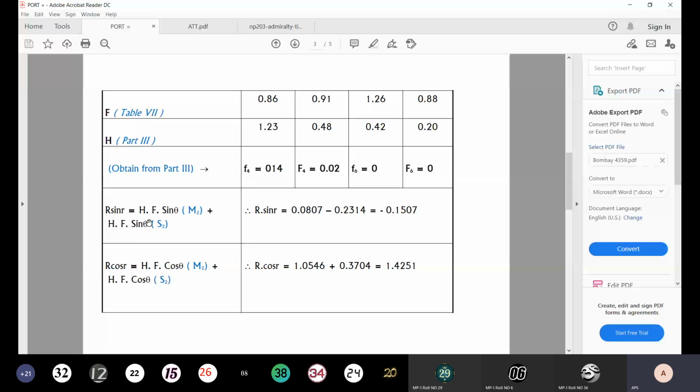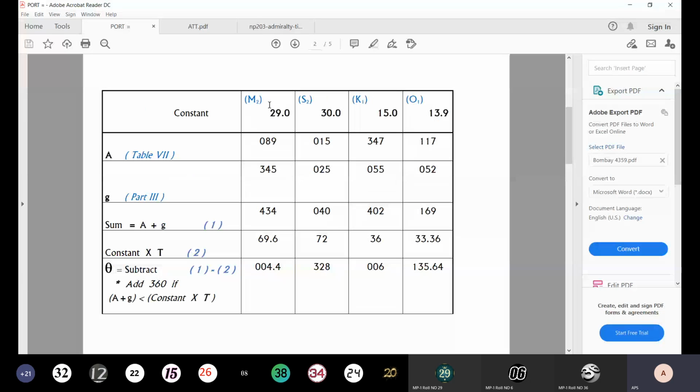R sin r equal to HF sin theta bracket M2 plus HF sin theta bracket S2. This means R sin r is equal to, put all the values of H, F, theta from the M2 column, the first one. H is 1.23. F is 0.86 under M2. And theta is 4.4.